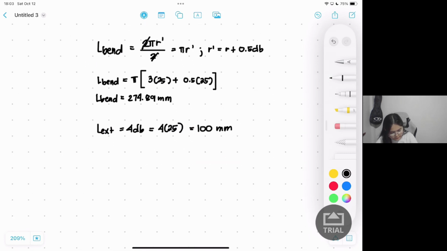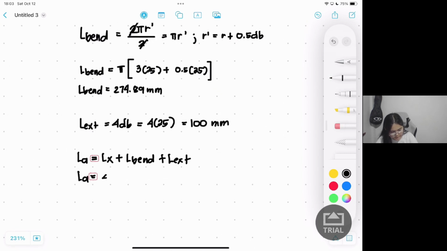Okay, then finally, anchorage length is Lx plus Lbend plus L extension. So we have Lx natin 450 plus Lbend na 274.89 plus 100.